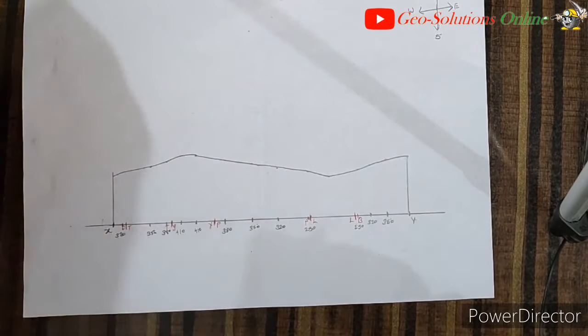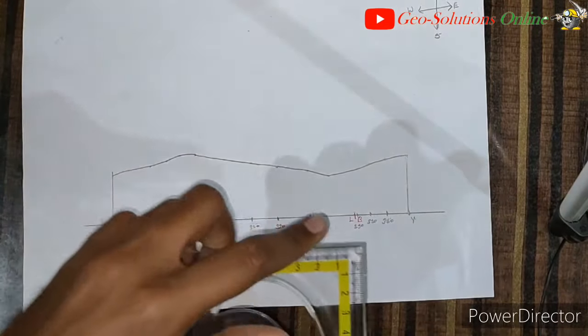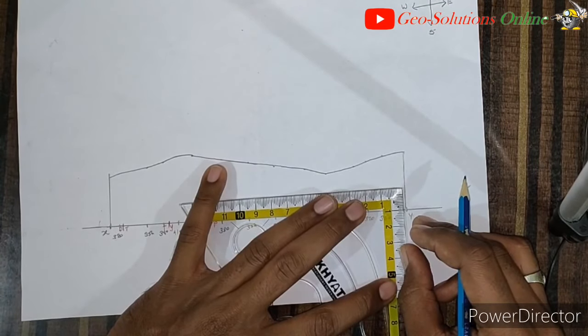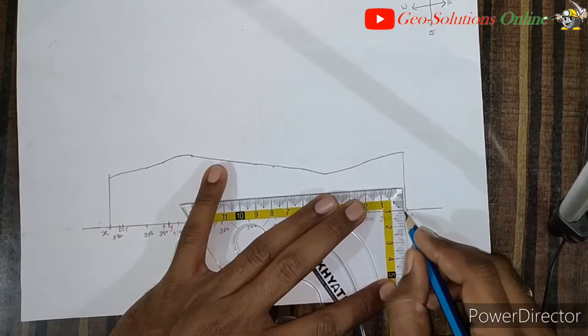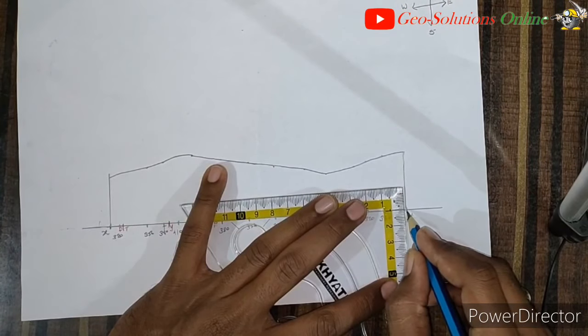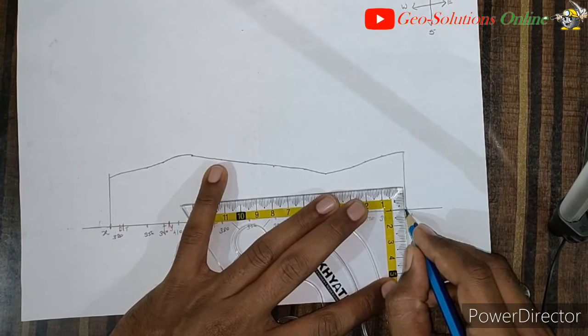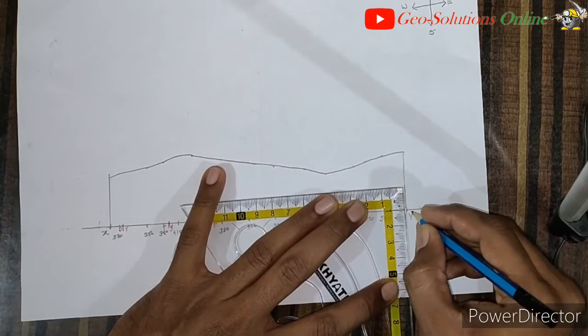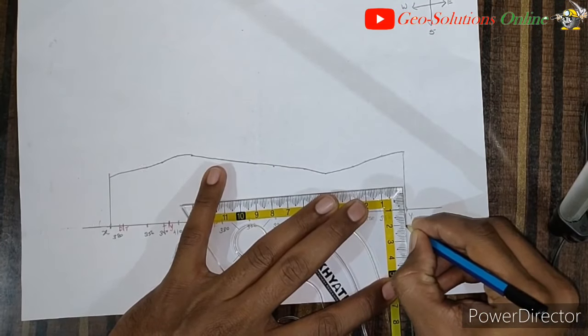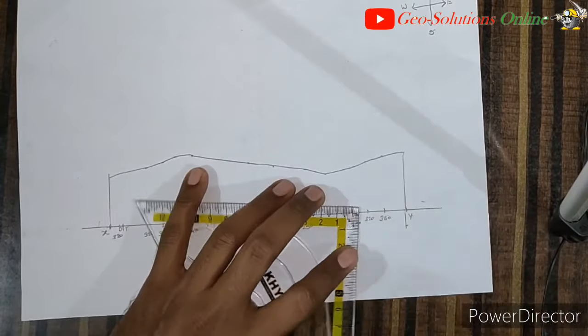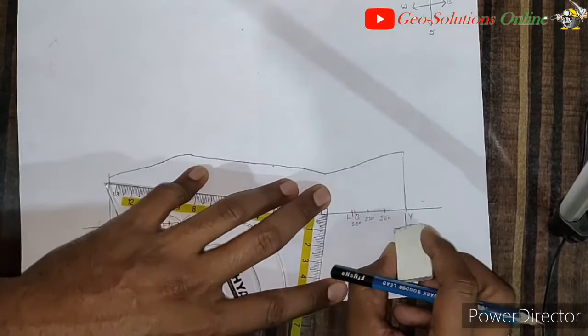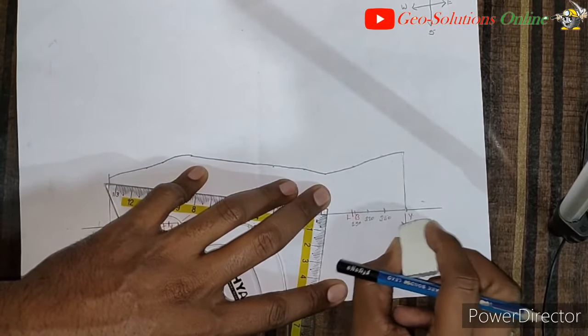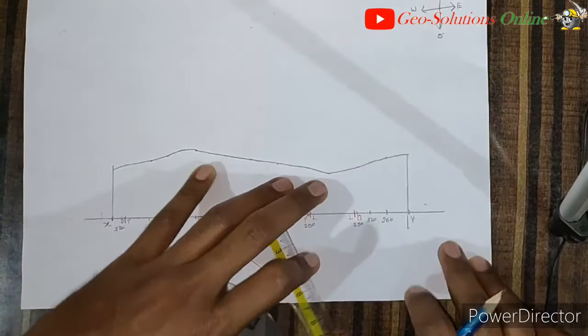Then in the east direction, Y point is in the east direction. So first of all we will draw a line of exactly 1 centimeter. Okay, so the 1 centimeter line is plotted for the inclined angle.